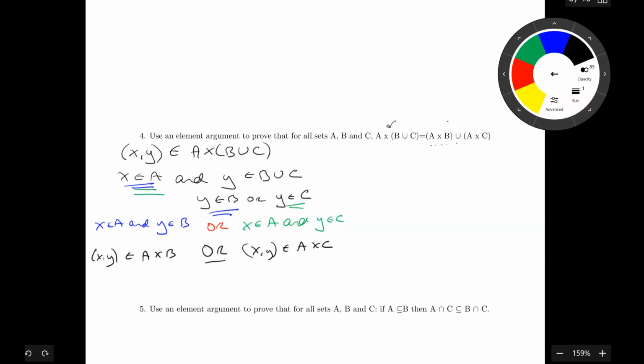You're always keeping an eye out for where you're going. Then my x, y is an element of A cross B or A cross C.